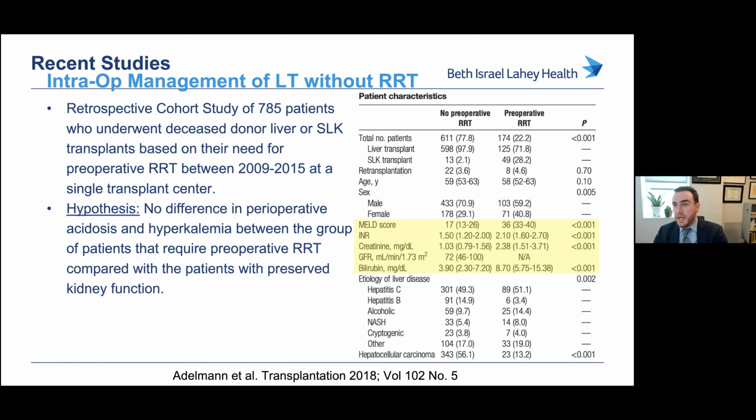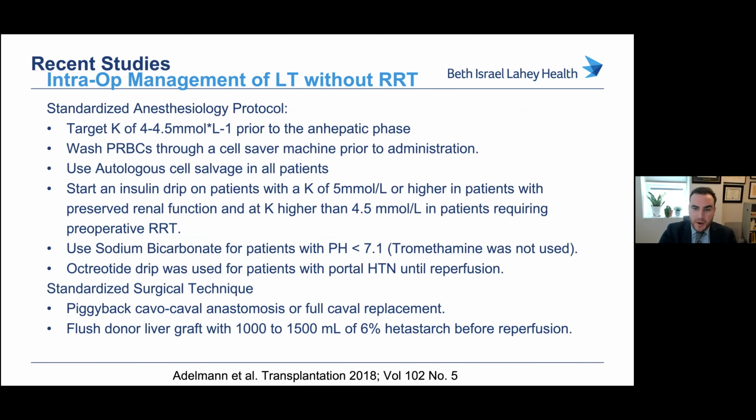Since none of their patients had intraoperative renal replacement therapy, they looked at the patients that had preoperative renal replacement therapy at their center against those patients that didn't, as to what intraoperative metabolic conditions were in each group. And you'll see that the preoperative renal replacement therapy patients had higher MELD, higher INR, higher creatinine, higher GFR, and higher bilirubin. So they were much sicker than people without preoperative renal replacement therapy.